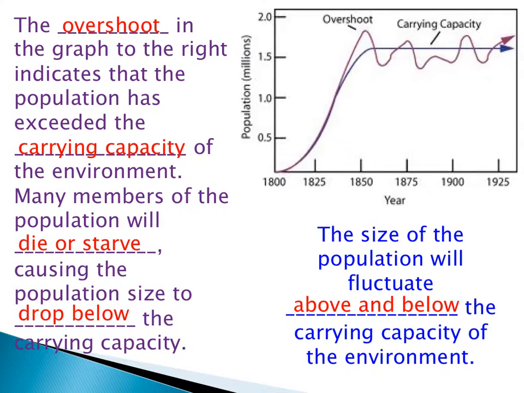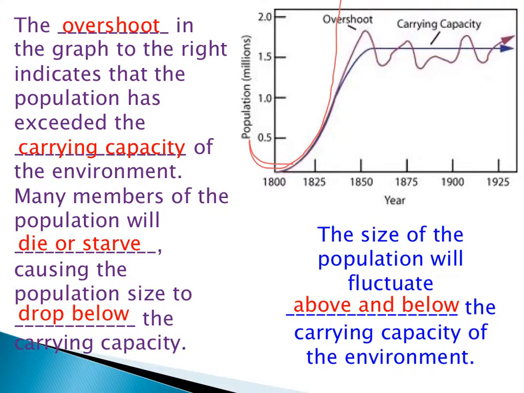The exponential growth model of a population is often called a J-curve, and you can see why because it looks like the letter J, but rarely does any population ever fulfill that, simply because they overshoot the carrying capacity of the environment.